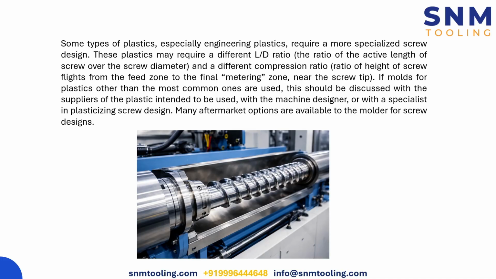One. Second is cycle time. Third is part quality. Fourth is energy consumption. And last is screw life. So, there are different factors on which the correct screw design or correct screw selection depends, right?